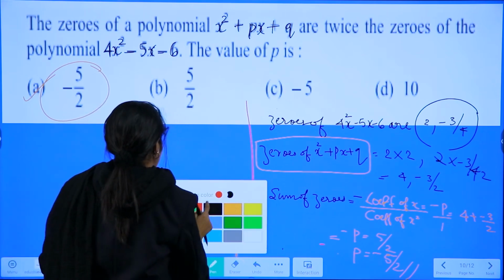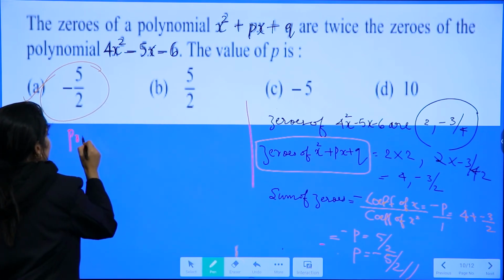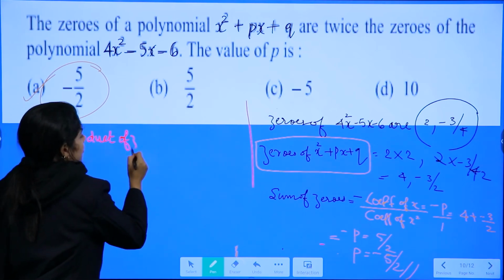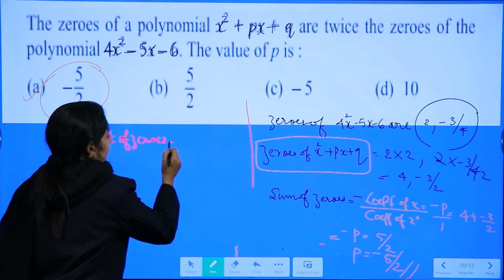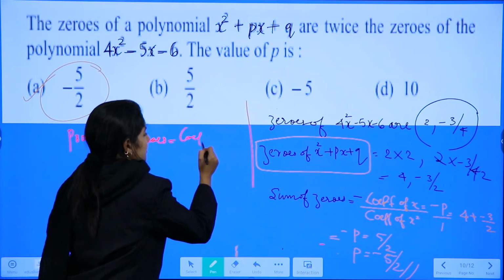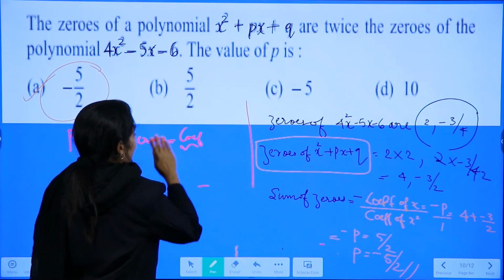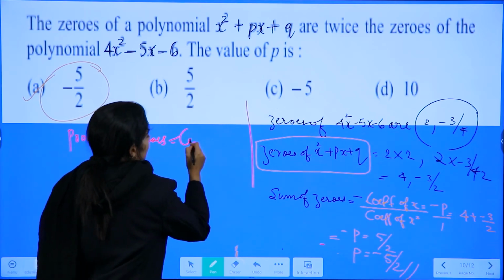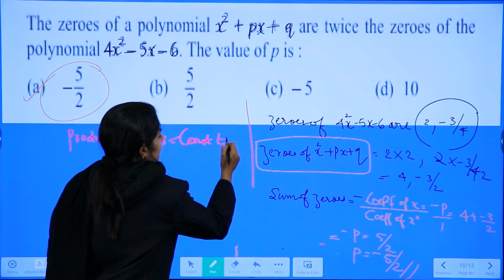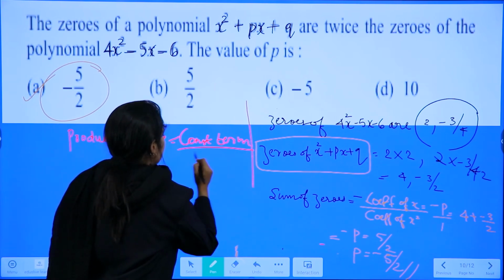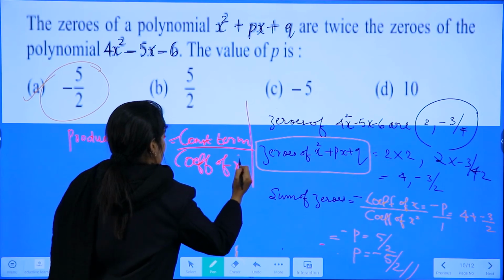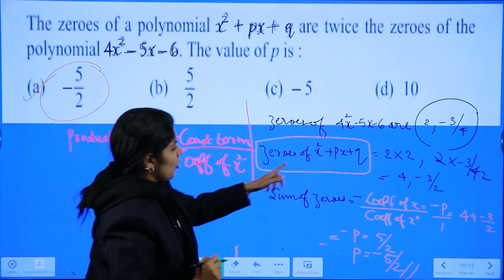To get the value of q, we will find the product of zeros, which is given by constant term divided by coefficient of x squared. What is the constant term here?